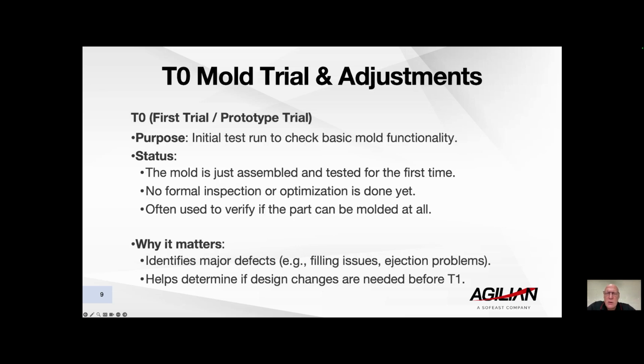Now, the T0 mold trial, like I said, is not really a trial where we're going to be producing any components. What this is generally doing is making sure that the tool runs correctly. And that is basically what this T0 is all about. We're looking for functionality of the mold tool itself. Now, what we can do is make some final adjustments, fine tuning.